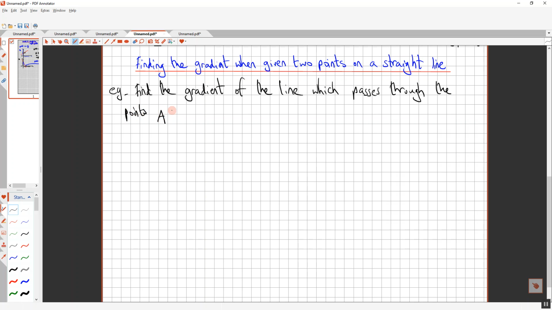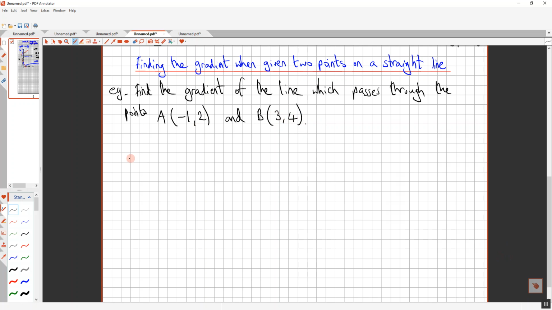So let's say they pass through the points -1, 2. And let's say it also goes through the point 3, 4.